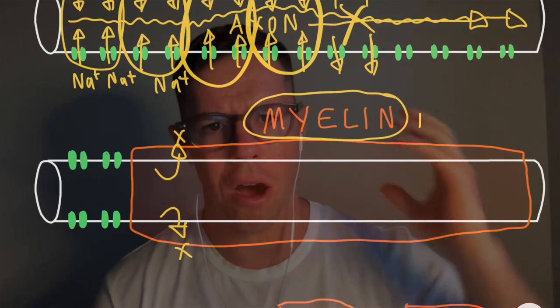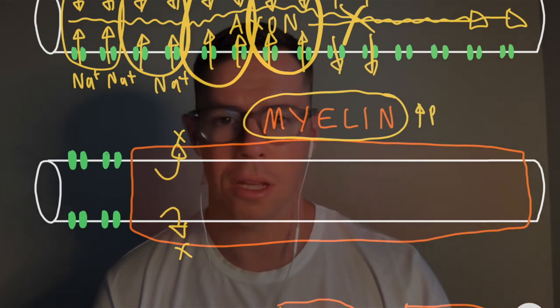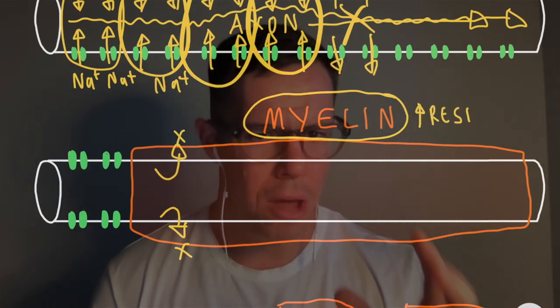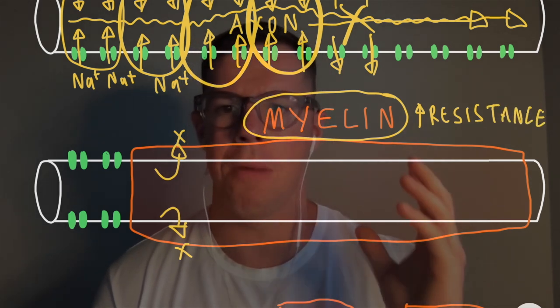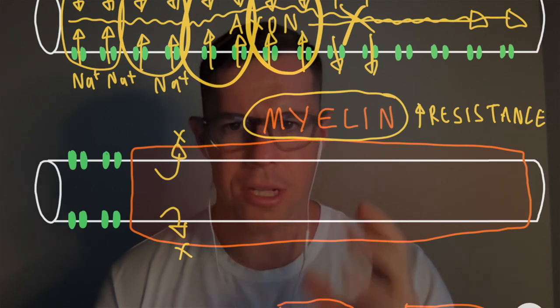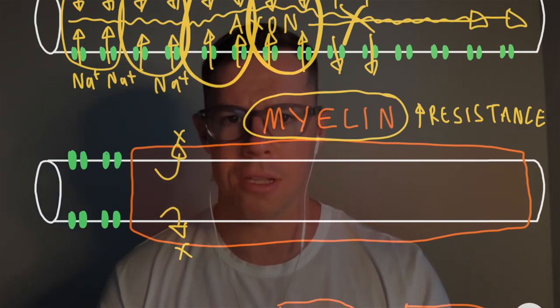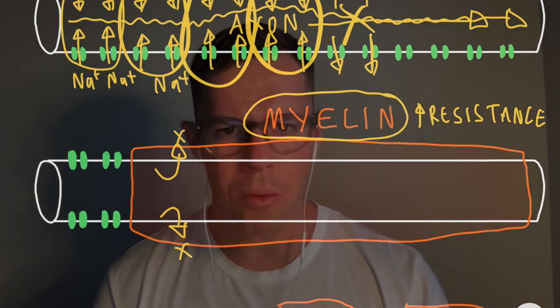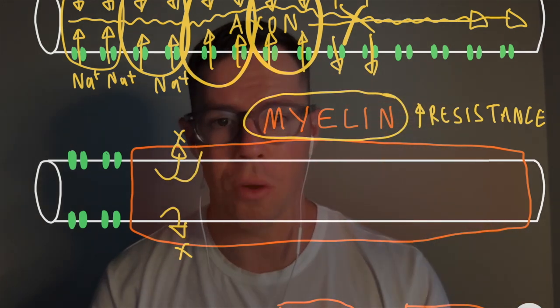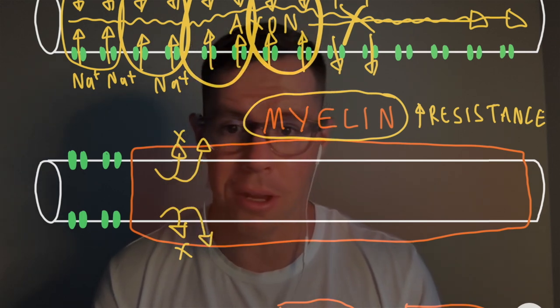So having a high resistance covering, like myelin, around the axon will prevent the leakage of current across the membrane. Because the resistance that ions must move against if they want to leave the cell is too high, the current will want to stay within the neuron, to put things very simply.